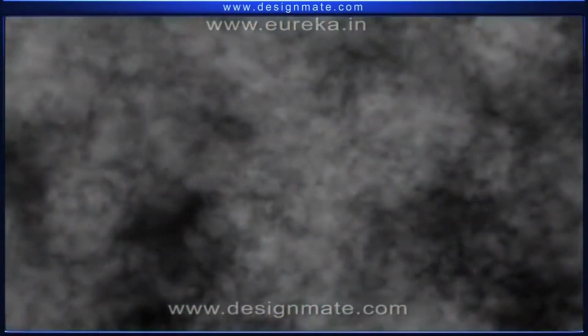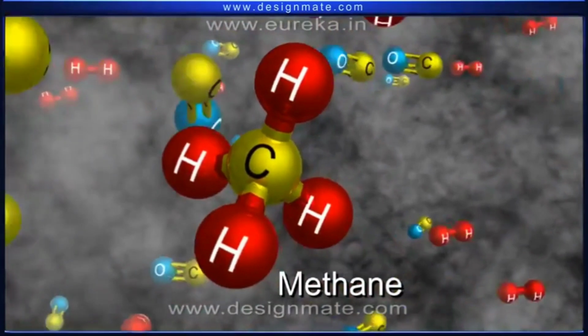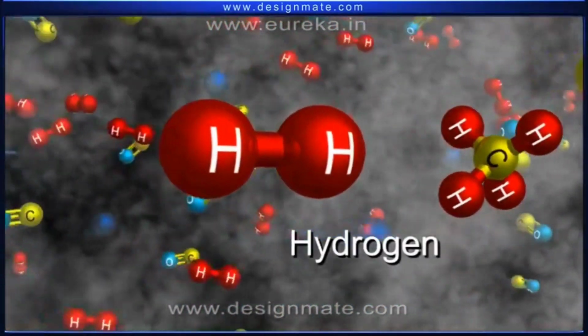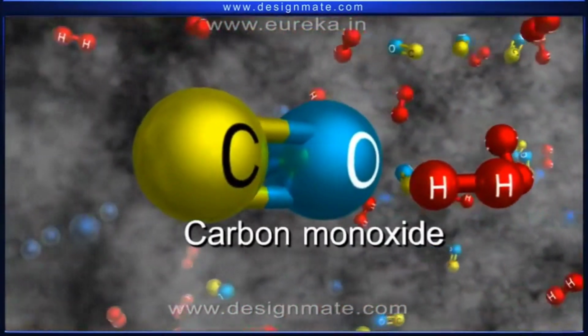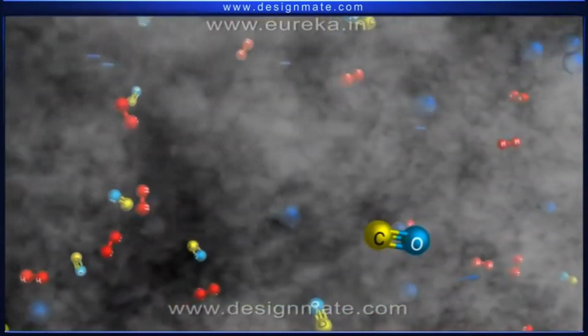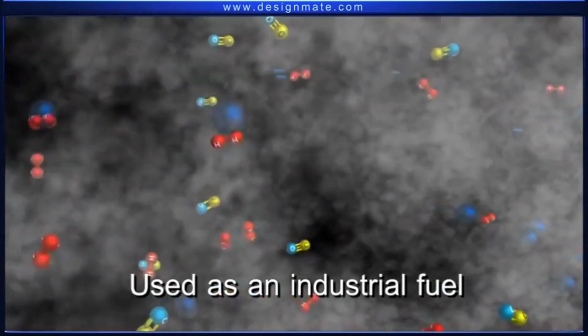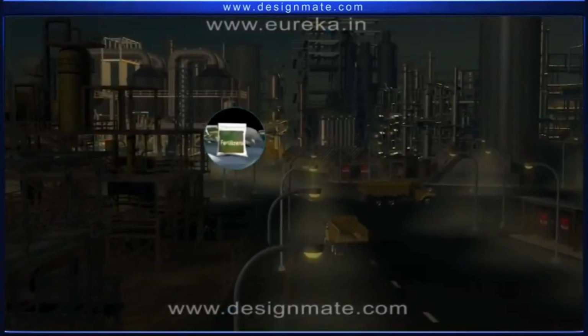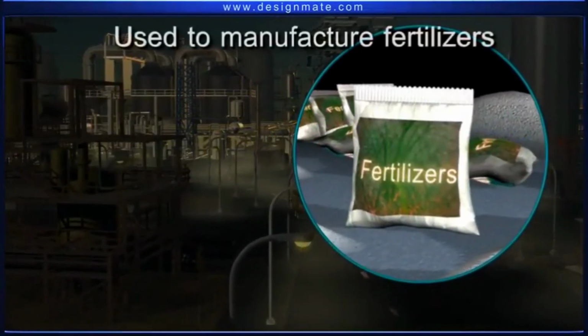The coal gas contains mainly methane, carbon monoxide, nitrogen, hydrogen, etc. So this will be a good fuel because it has a high calorific value.